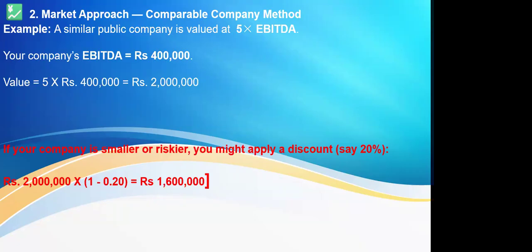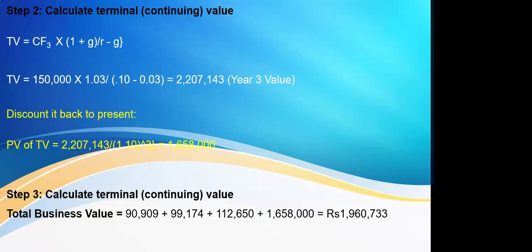So I will give you 3 formulas. This is one formula I have told you, to find cash flow with growth. If there is no growth, you just remove the G from the top and the G from the denominator also. Then you will see the cash flow, 150,000 into 1, divided by 0.10.